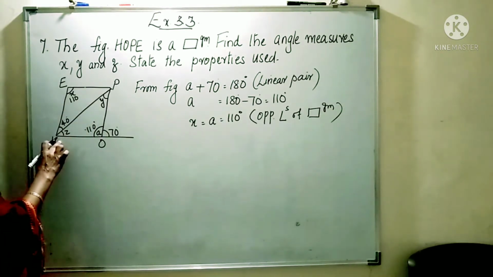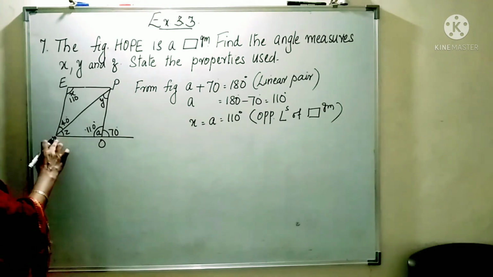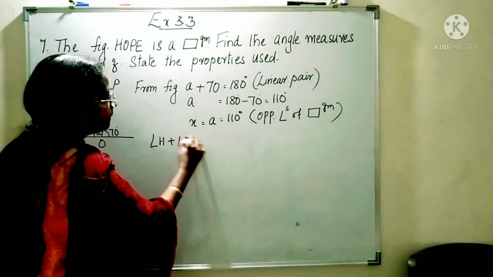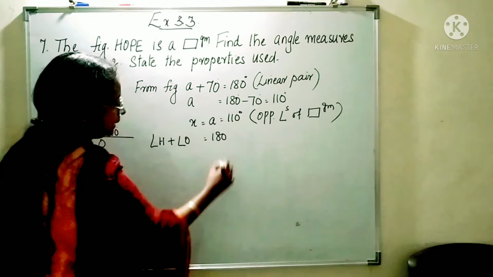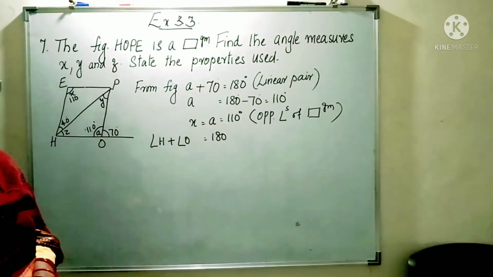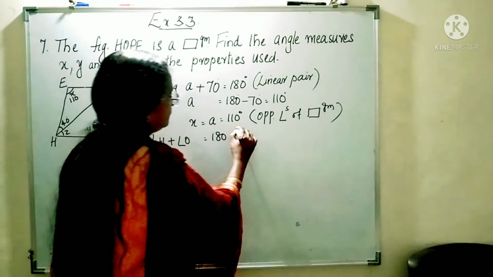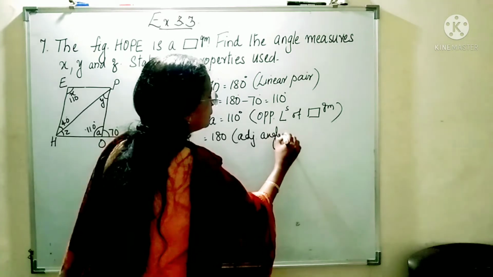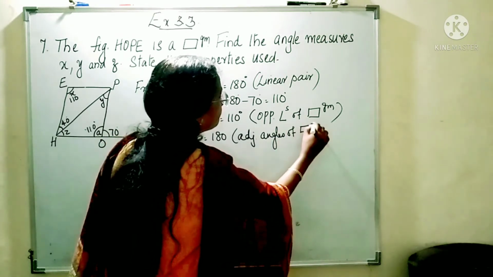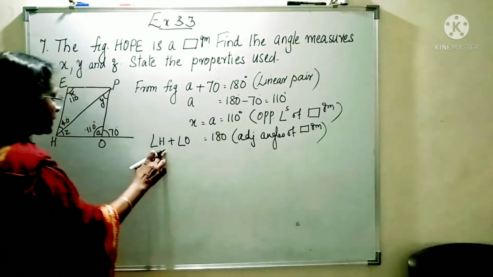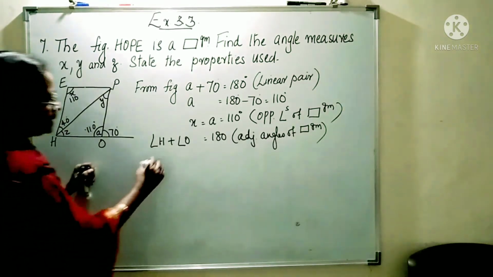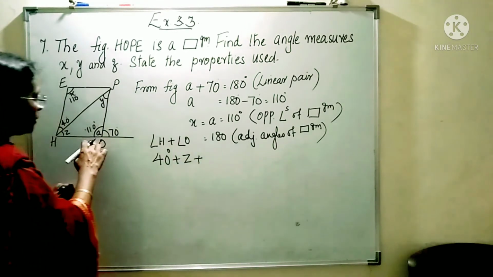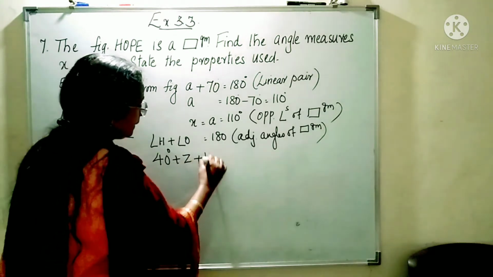Now, angle H plus angle O, these two angles. Angle H plus angle O is equal to 180. What is the reason? Adjacent angles of a parallelogram. Now, what is angle H? Angle H is 40 degree plus Z, and angle O is 110 degree.